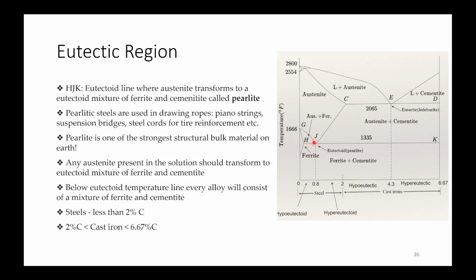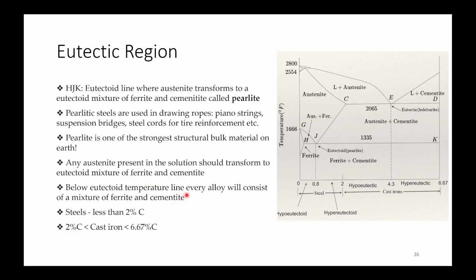HJK is your eutectoid line, where the austenite which is formed after the eutectic reaction will transform to a eutectoid mixture of ferrite and cementite called pearlite. These pearlitic steels are used in drawing ropes, piano strings, suspension bridges, steel cords for tire reinforcement, etc. Pearlite is a very strong bulk material, and any austenite present in the solution should transform to the eutectoid mixture of ferrite and cementite.